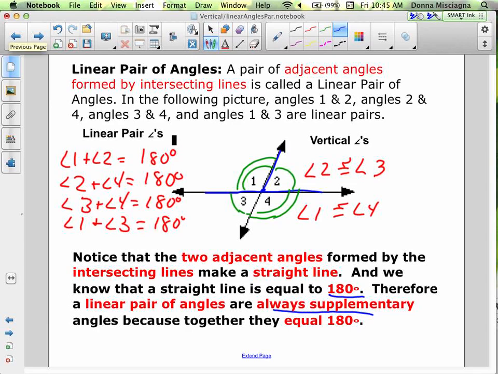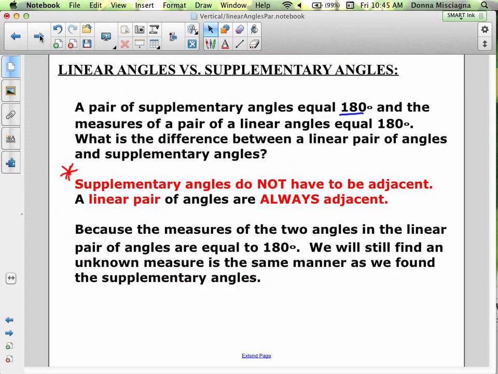And then always supplementary is the second fill-in for the linear pair. Sorry, the fill-ins were on this page. This is right below it, and it is already in your notes filled in for you. And it's filled in that supplementary angles do not have to be adjacent, but linear pair, they're always adjacent.